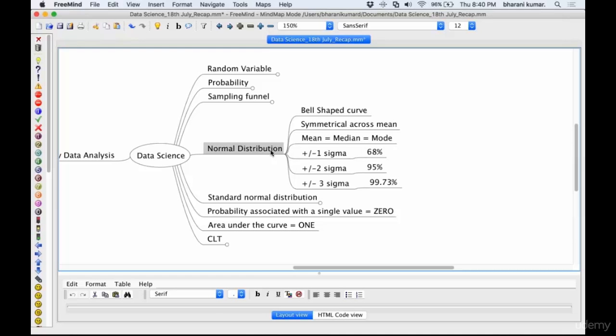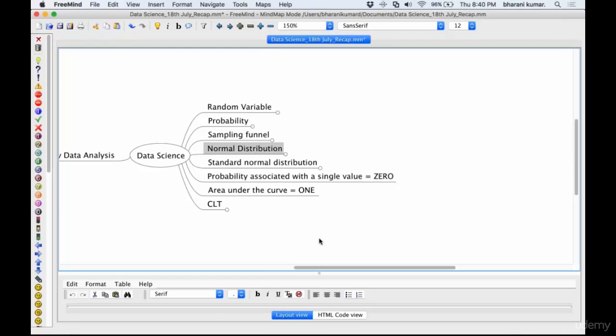And each variable would have a different mean and different standard deviation. Can I have a standard average and standard deviation, which would make the standardization process very simple?